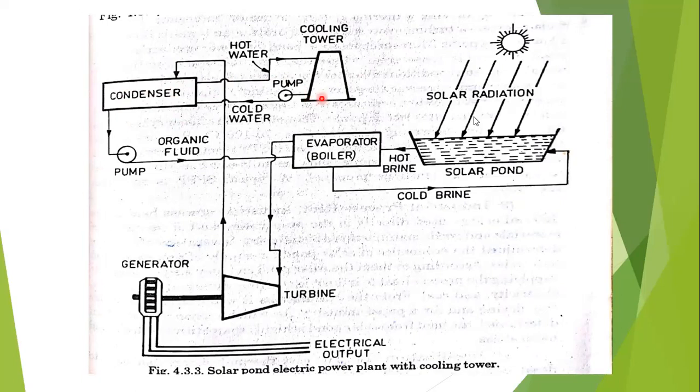The cool water pumped from the cooling tower makes the vapors entering the condenser turn into fluid. This water is again pumped back to the evaporator, and the cycle is repeated.